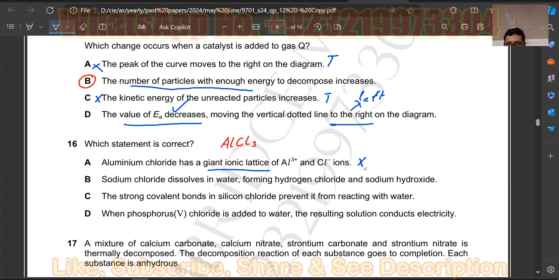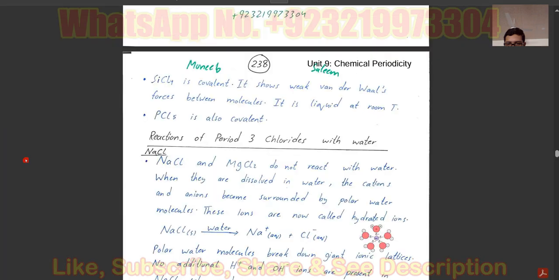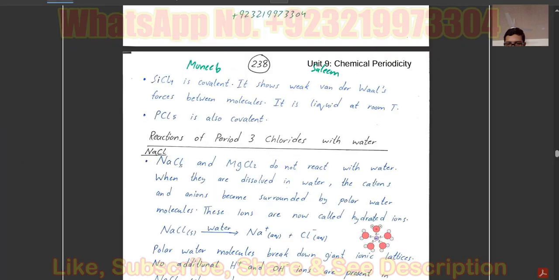That's incorrect. Then the B option: sodium chloride dissolves in water forming hydrogen chloride and sodium hydroxide. Now again, my notes say the reaction of sodium chloride with water is not possible. They do not react. They only dissolve in water, and as a result, the pH of the solution is 7.